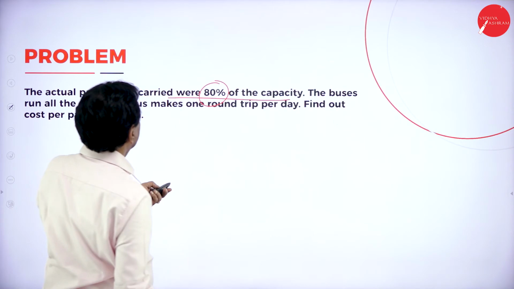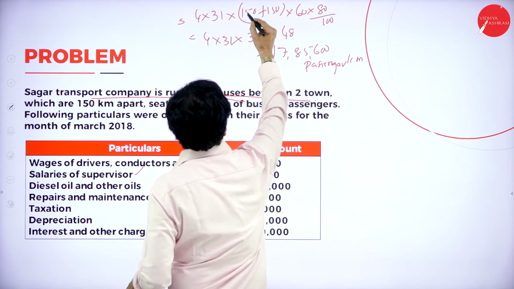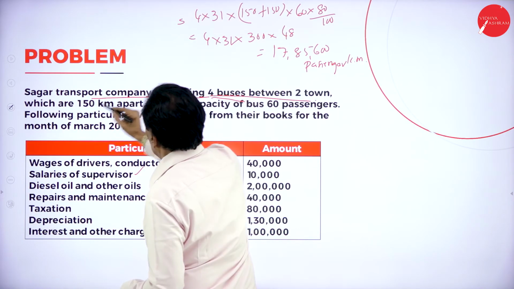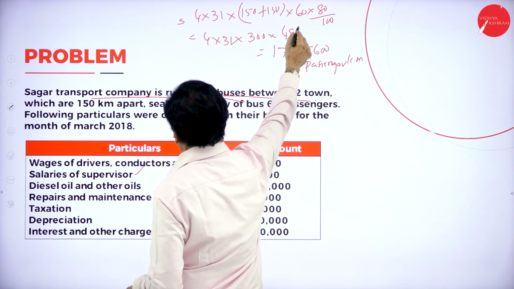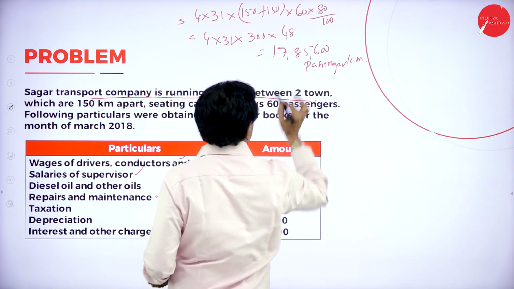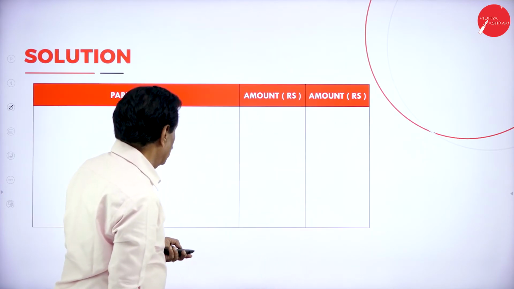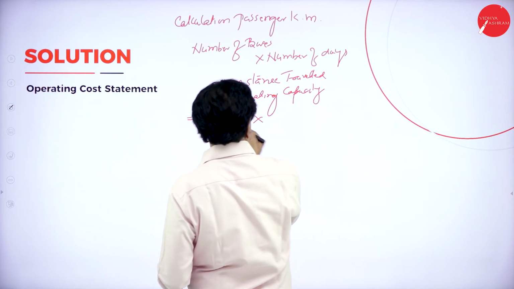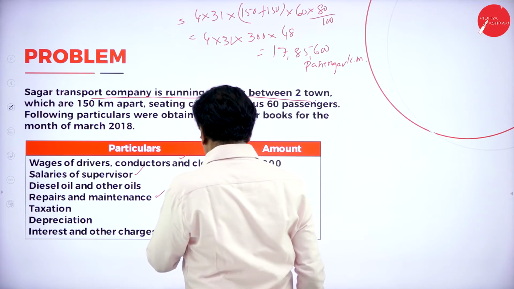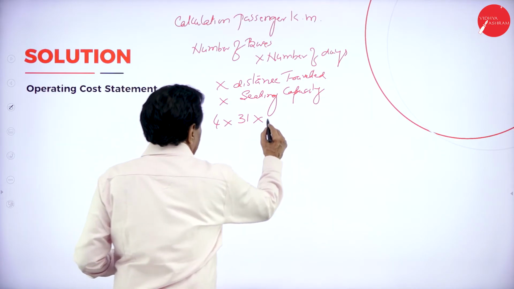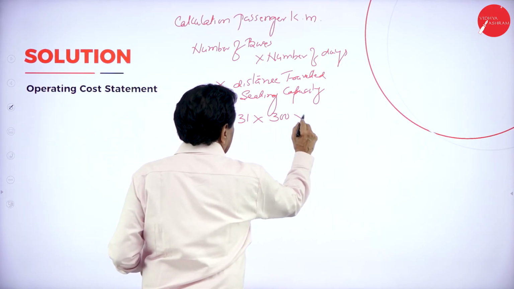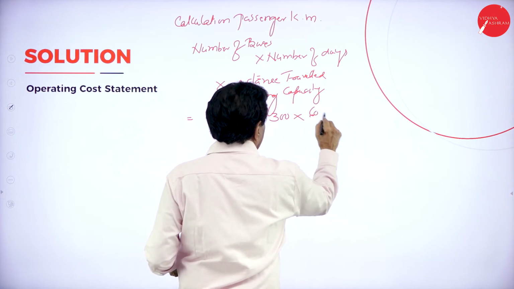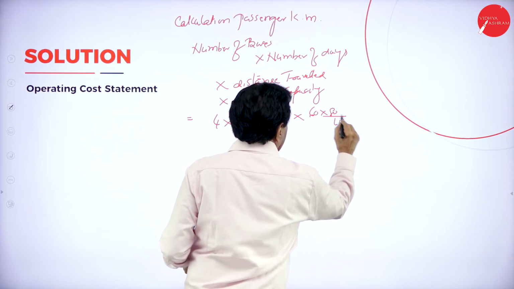We check this once again. Number of buses 4 into 31 days, going 150, coming 150, into 60 into 80 by 100. Same thing, the number of days is the same. Distance traveled 150, that is 300, into 60, 80 by 100.